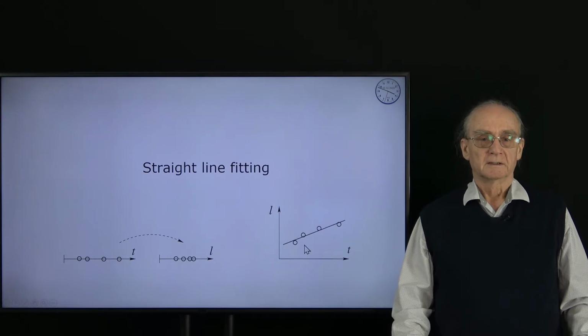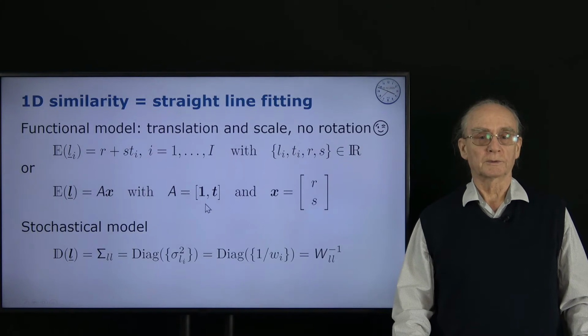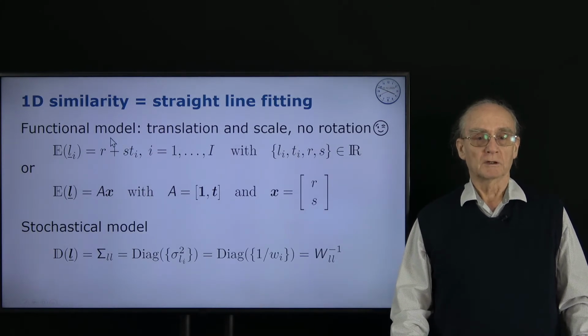This is a classical case of straight line fitting. The functional model describes the relation between our observed values L_i and the given values t_i, and it's an affine transformation R plus S t. We have the translation R and the scale S, and of course we have no rotation in 1D. We have capital I observations, and we assume that all these values are real values.